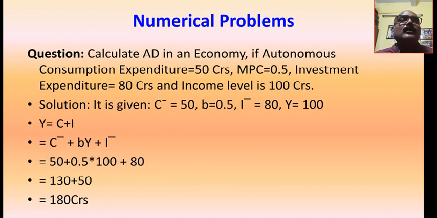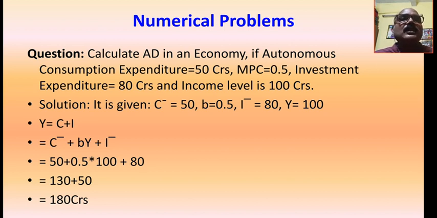Now we will discuss one numerical problem. The question is: calculate aggregate demand in an economy if autonomous consumption expenditure is 50 crores, marginal propensity to consume is 0.5, investment expenditure is 80 crores and income level is 100 crores. So what is the solution? What is given?